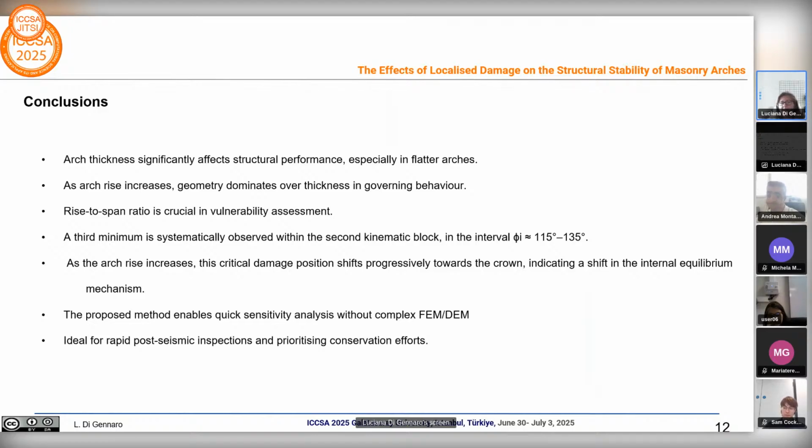Clearly, this is a quick assessment procedure that avoids complex models such as FEM or DEM models.